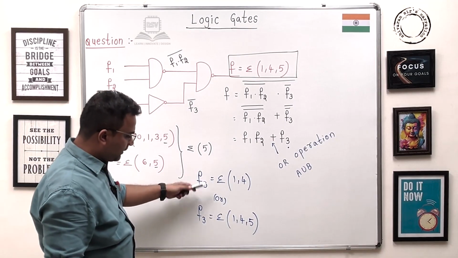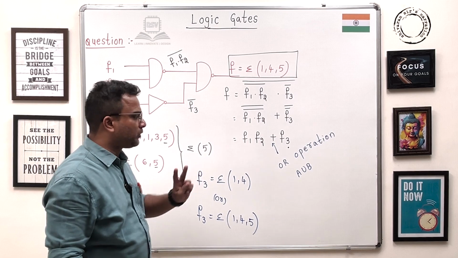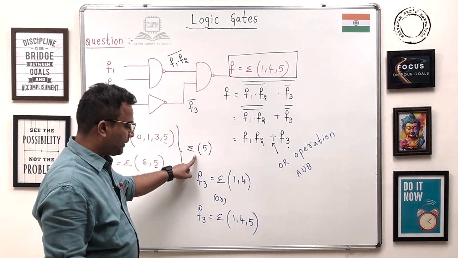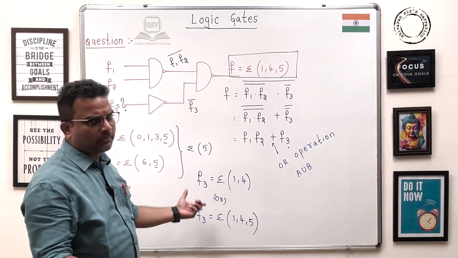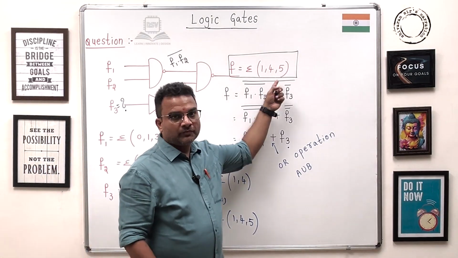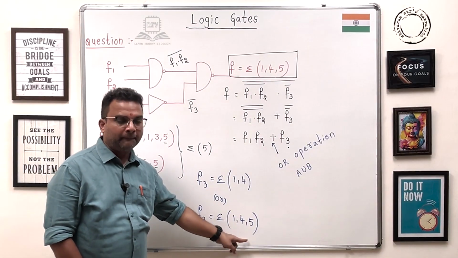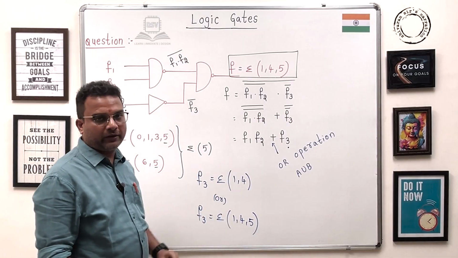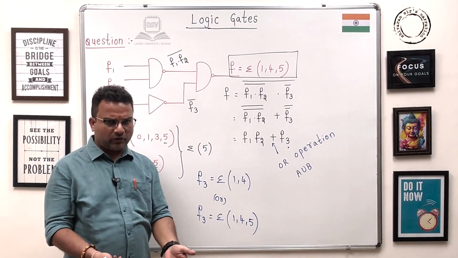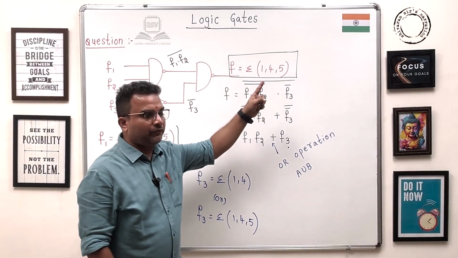It could be either way, because it is OR operation and we take A union B. If it is sigma 5 plus sigma of 1, 4, you will get 1, 4, 5 only. Or else, if F3 is 1, 4, 5, then 1, 4, 5 union sigma of 5, where 5 is repeated, we take it only one time. Then it is sigma of 1, 4, 5.